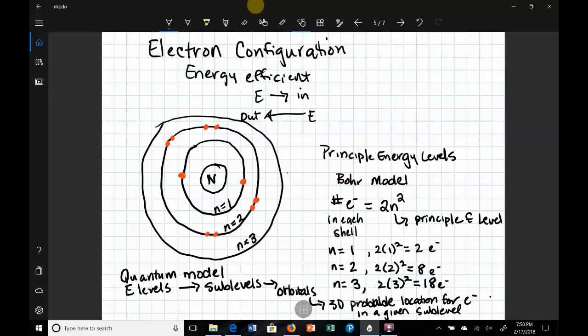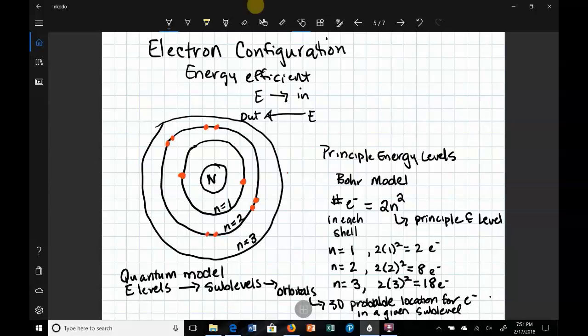The farther we move away from the nucleus, the electrons are higher and higher energy. As I mentioned in class, if we think of the atom as a mama, the electrons that are closer to the nucleus would be the children held on by their mom, by their hand, right?